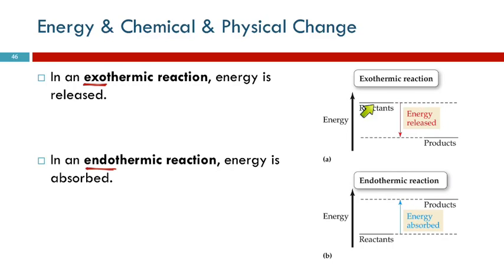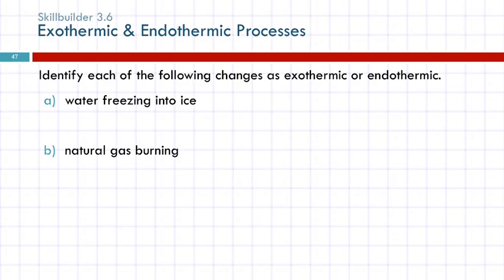The exothermic reaction is one that's more likely to occur than an endothermic reaction because this is going against the tendency of things to go from high to low energy. Any questions? So let's identify each of these changes as exothermic or endothermic.